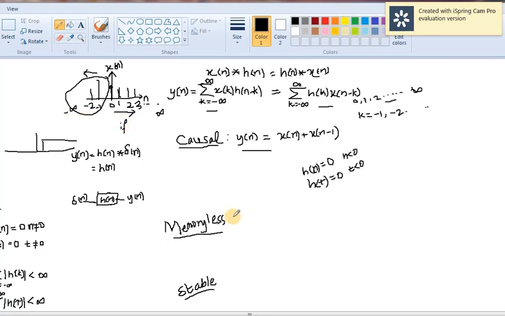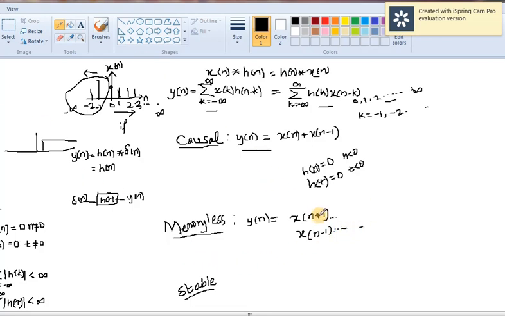We know the definition of memory: if the output of the system, whether a continuous or discrete system, starts depending on the past or future values of the input, then it is said to be with memory, meaning x of n plus 1, or x of n minus 1, x of n minus 2 and so on.